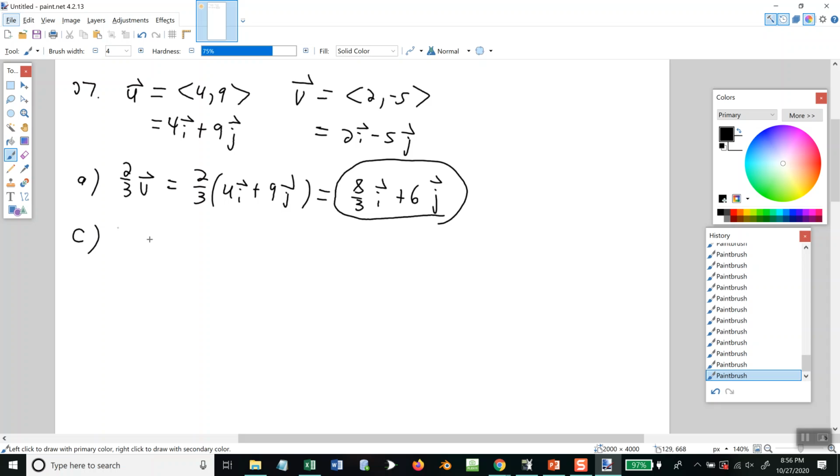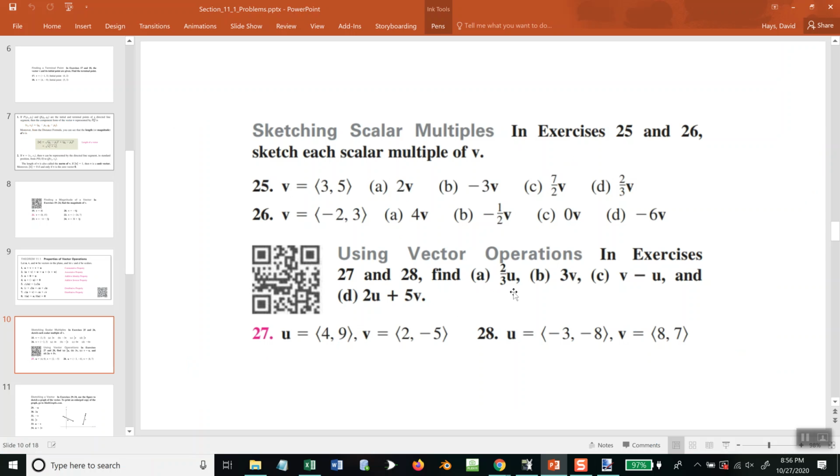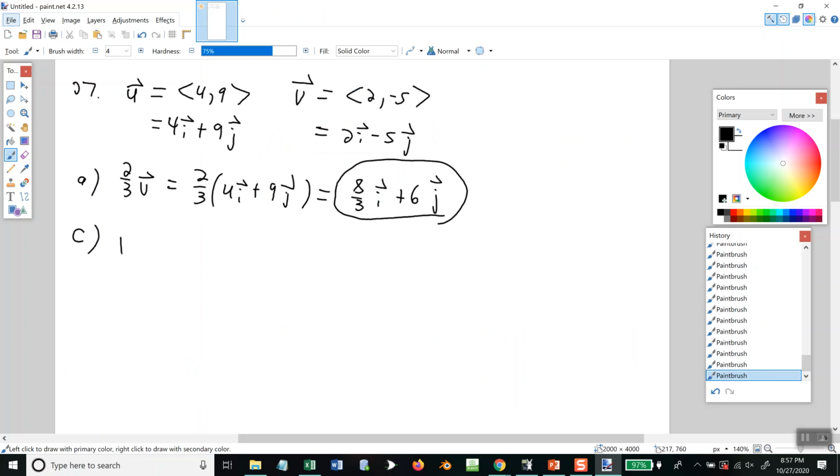B I'll skip over since it's just another scalar, 3 times b. Let's look at C, b minus u. B is 2i minus 5j. I put parentheses around it just to indicate that's the entire vector, minus, and you do have to have the parentheses around the second one, 4i plus 9j.